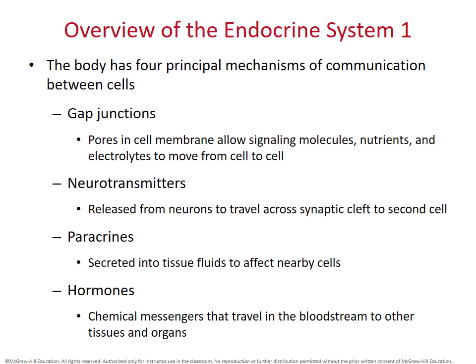Some of the chemicals involved in blood clotting and released by the endothelial cells to prevent blood clotting are examples of paracrines. And then finally, the topic for today, of course, would be hormones, chemical messengers that are released into the bloodstream.